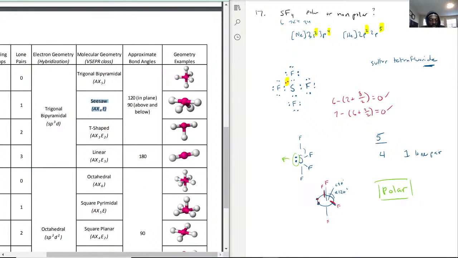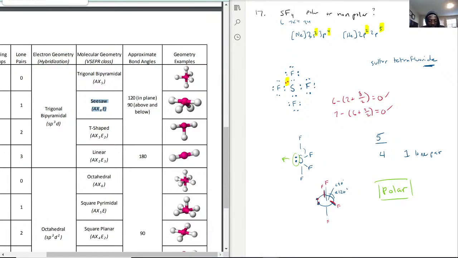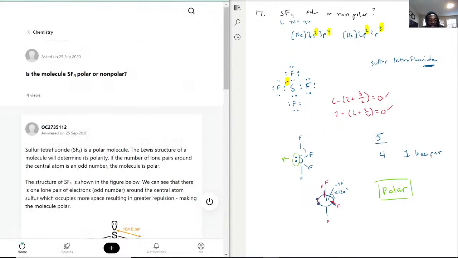This is what it'll look like. It's going to be a little bit less than 120, as you see here the bottom parts are a little bit less than 120 degrees apart, because of how strong the electron lone pair is. And the 90 degrees here is also a little bit less than 90 degrees. So in total, it is going to be polar.